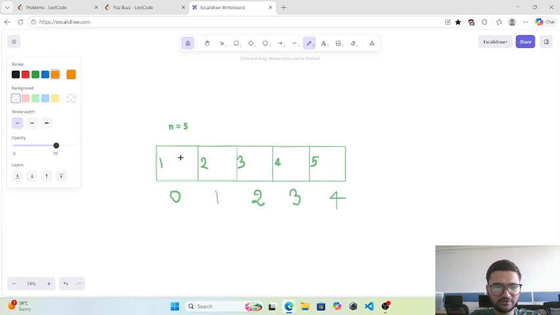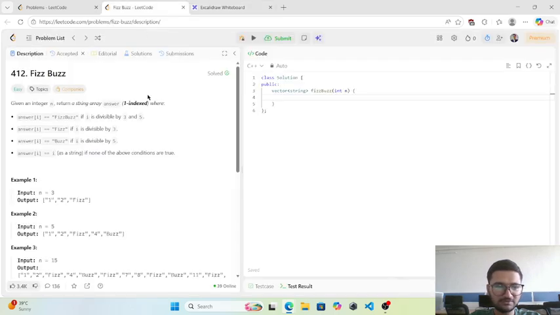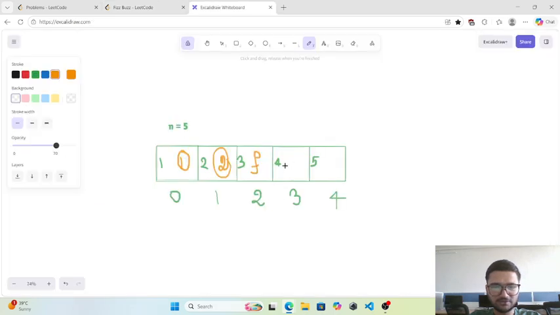No, so we write only 1. Is 2 divisible by 3 or 5? No, so we write 2. 3 is divisible by 3, yes, so we write Fizz. If divisible by 3, we write Fizz. 4 is not divisible by 3 or 5, so we write 4. 5 is divisible by 5, only 5, not 3, so we write Buzz.